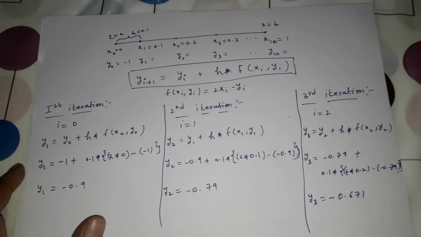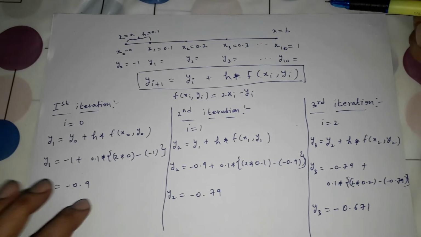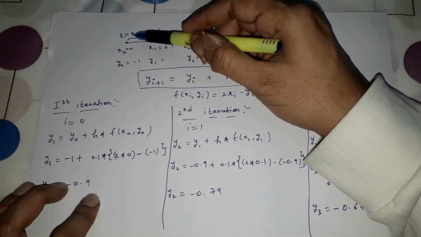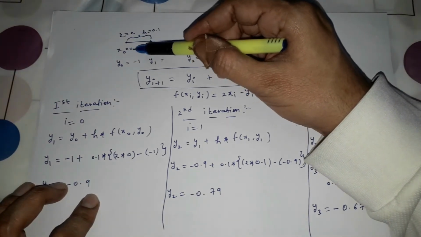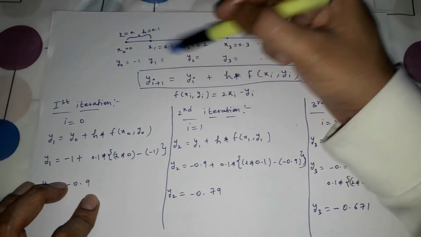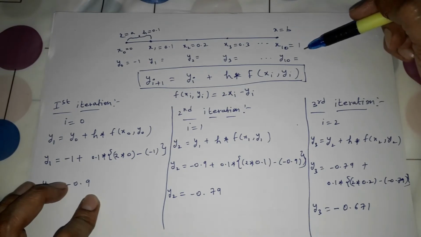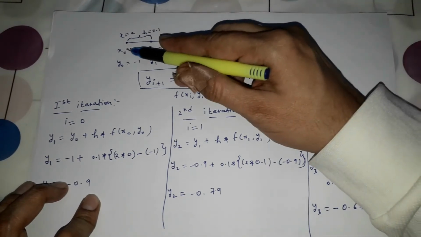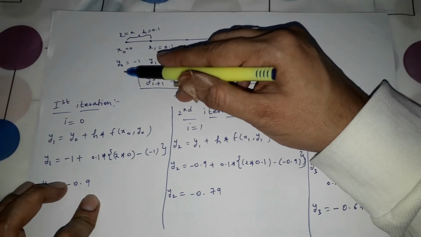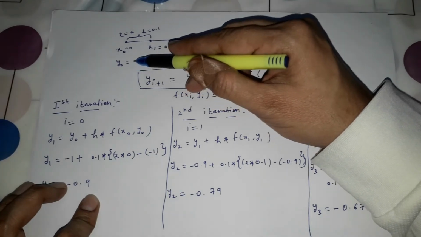Okay, so let's see. If you see here, x equal to a is your x naught, that is 0. The initial value of x is 0 and the final value of x is 1. At x is equal to 0, you know the value of y, that is y0 is equal to minus 1.